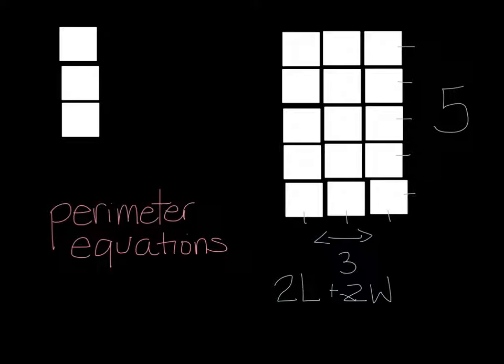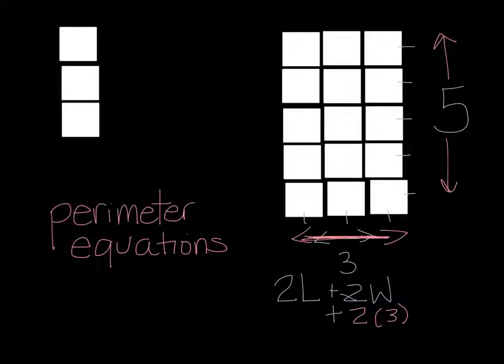So I said my width right here, I am 3 wide. So instead of a W, I'm going to put a 3. So it's going to be 2 times 3. Okay, bring down my plus. And then up here I said that my length is 5. I'm 5 tall.